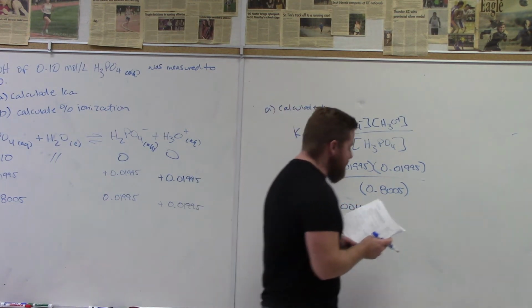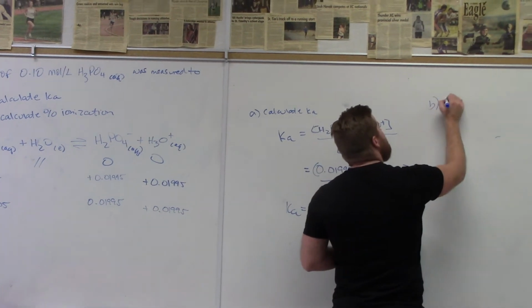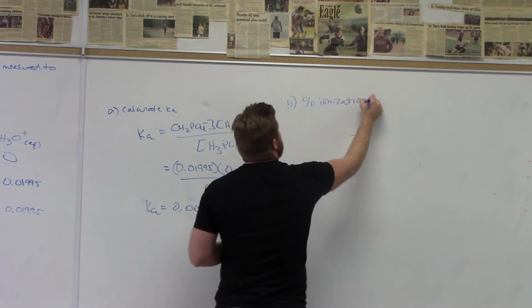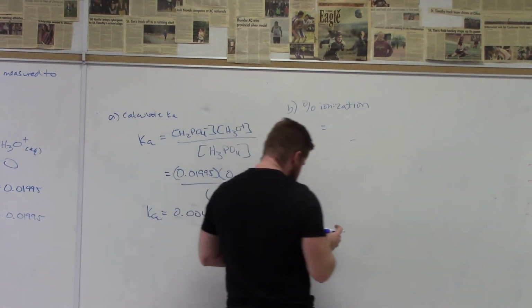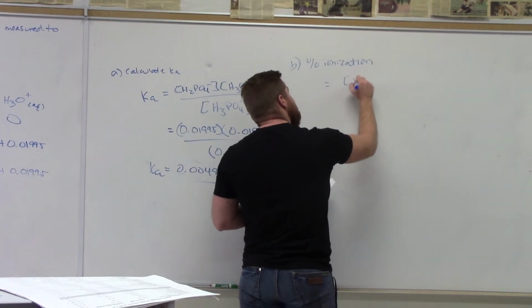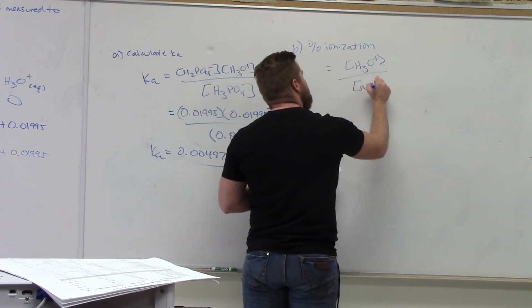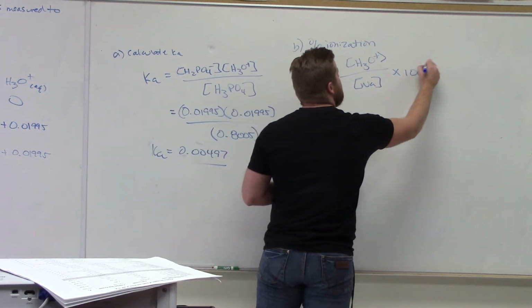So my percent ionization, so B, percent ionization, equals concentration of hydronium over the concentration of the weak acid times 100%.